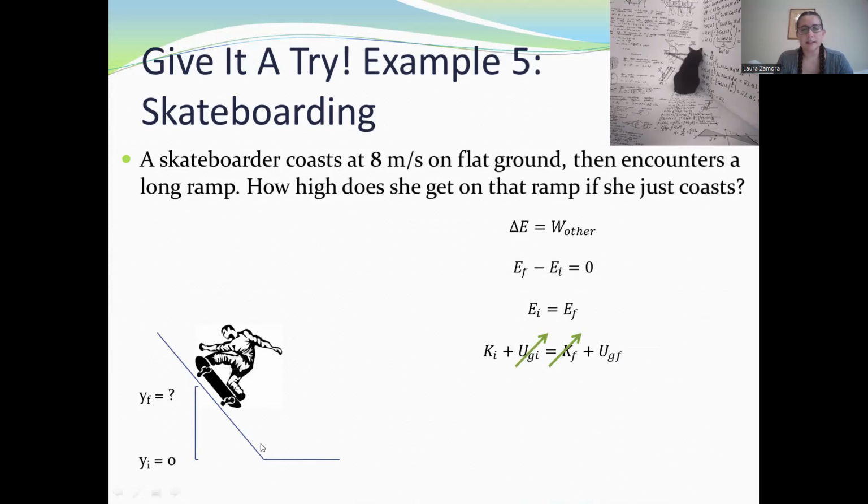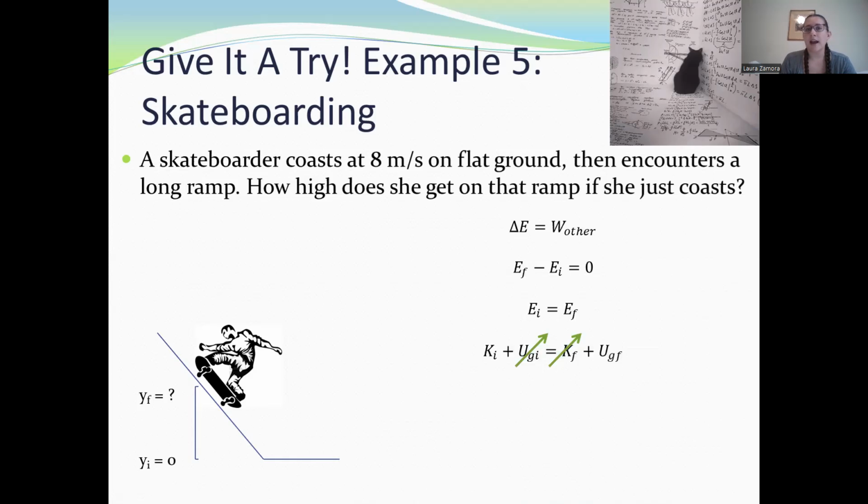So if we look at the scenario, we'll see that initially the skateboarder is on the level ground. And I'm going to just establish that to be my reference height. So the ground is my reference height, which means that before she goes up this ramp, being on that reference height means she has a potential energy of 0.